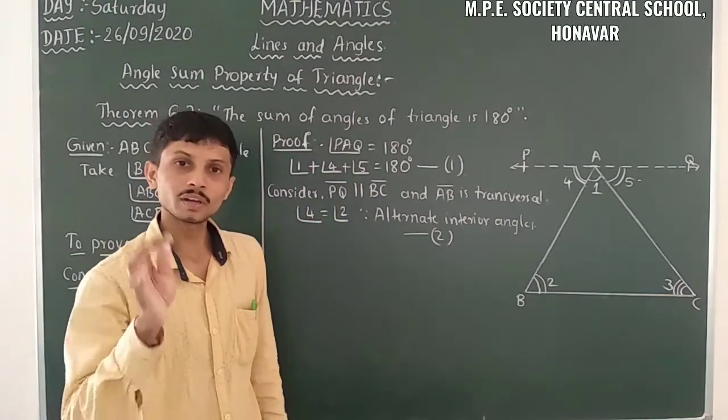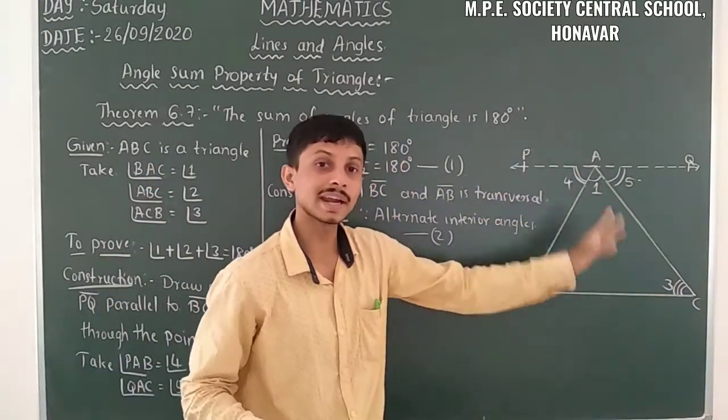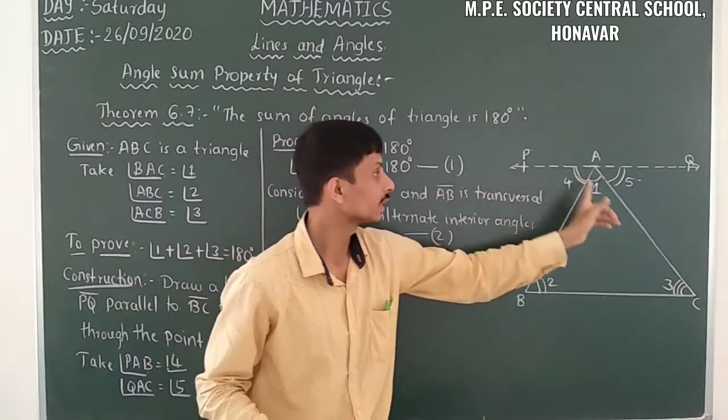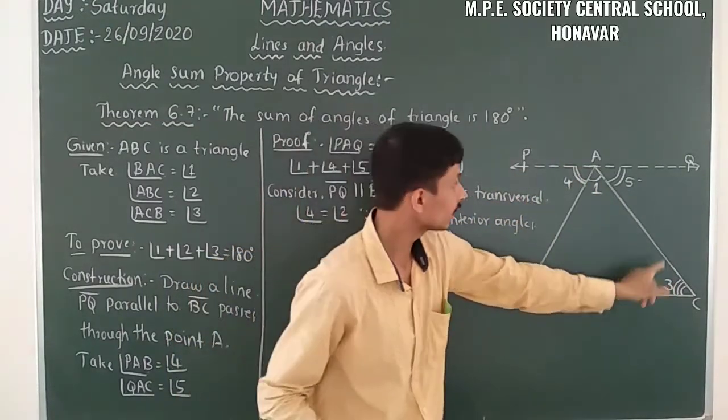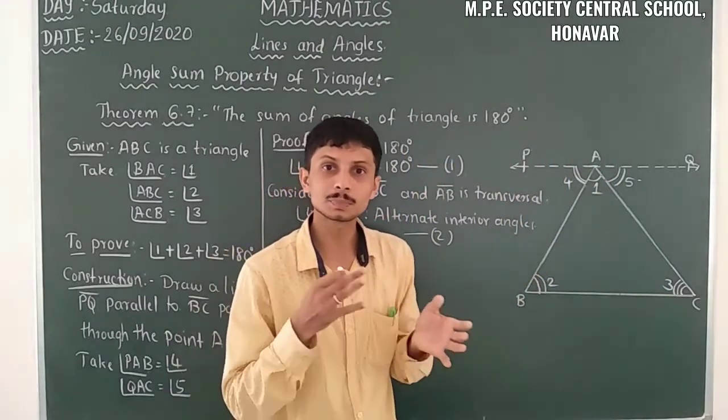Now consider PQ parallel to BC and AC as a transversal. Then angles 3 and 5 are alternate interior angles. Both are equal according to theorem 6.2.